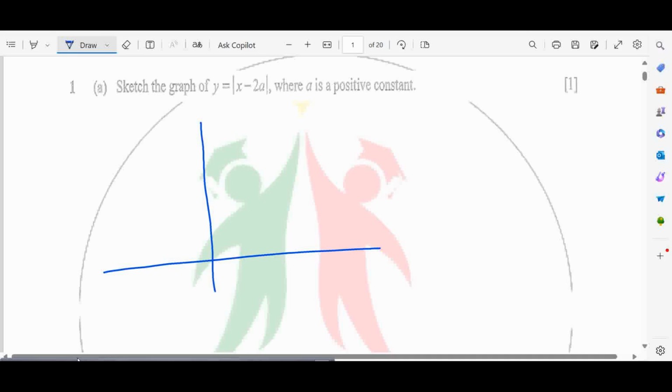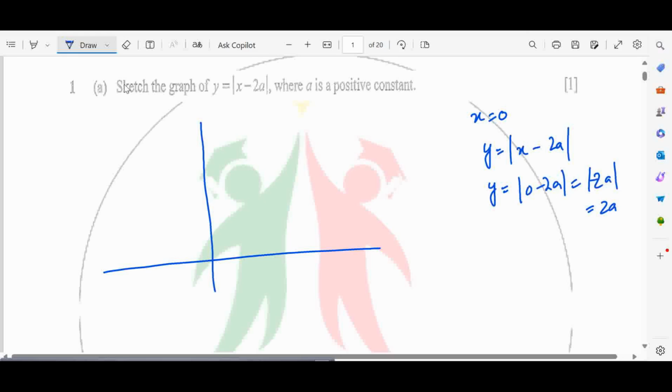Now we know that when we put x equals 0, y will be equal to x minus 2a, which means y equals 0 minus 2a, the modulus of negative 2a, which means 2a.